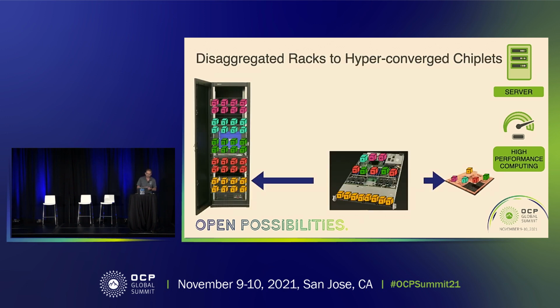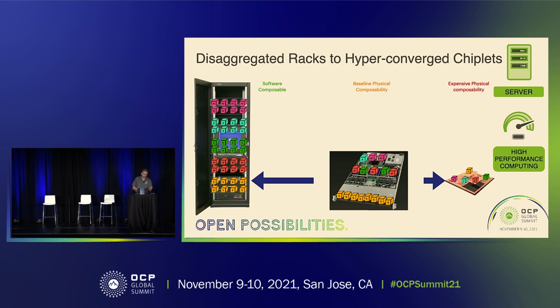So hopefully this will be a way to show you this in an example, and this is the example I use quite often. We've got disaggregated racks. Disaggregation is very popular, but then you've got hyper-converged chiplets that are going on. So our traditional server is being pulled in 2 different directions. Disaggregation at the rack scale, basically that's what software engineers want, while ever tighter integration, reducing the power as much as possible, is what the hardware people want.